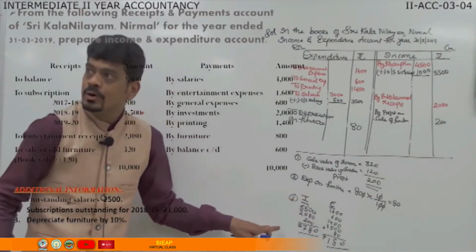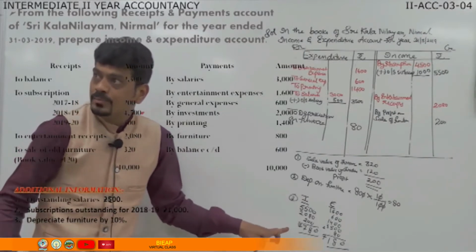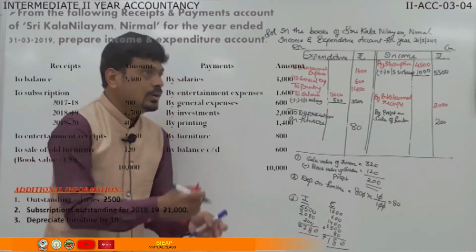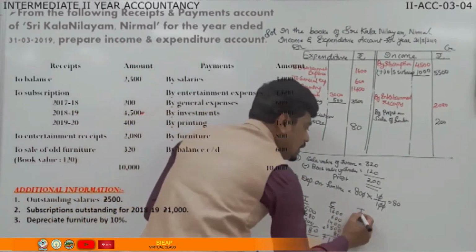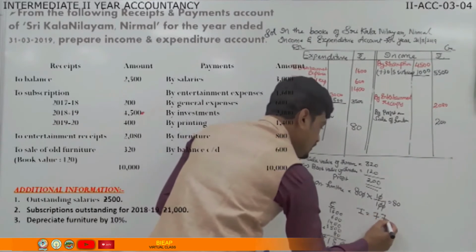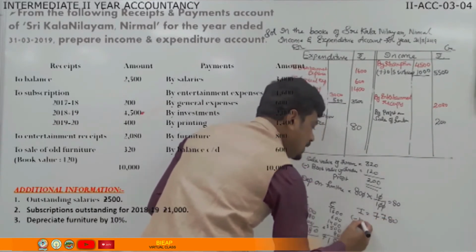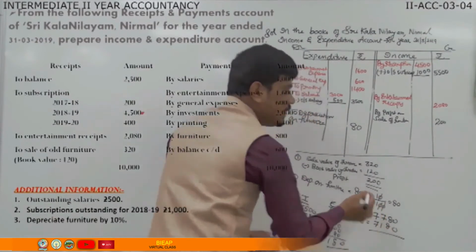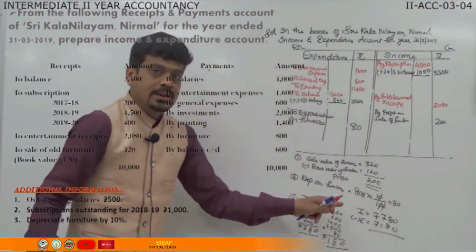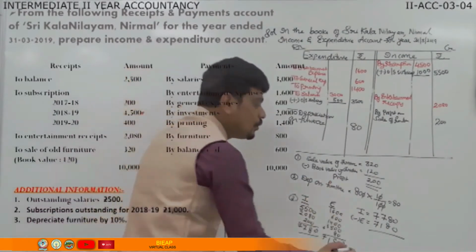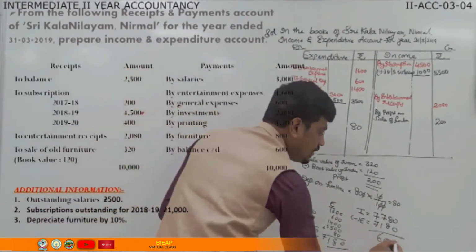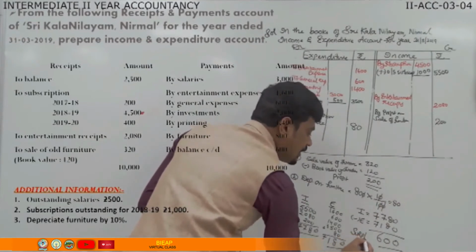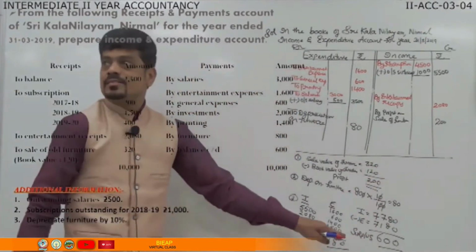Which total is more? Income total is more. Income is more than your expenditure. So income 7,780 minus expenditure 7,180. Income is more, expenditure is less. Gives you the difference of 600. And when income is more, the difference will be surplus.